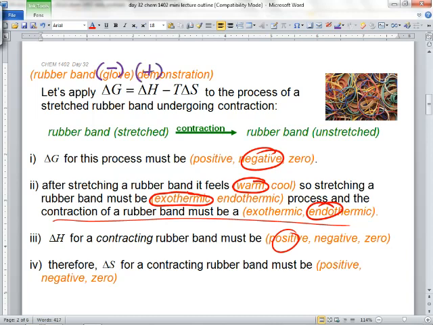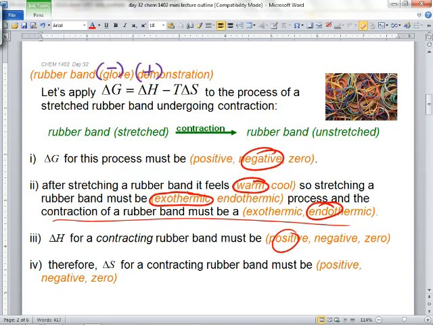Okay. So looking at the equation, and looking at the equation alone, delta S must be, there's only one way to make the math work out. If you put in a negative number for this, negative times a negative is a positive.